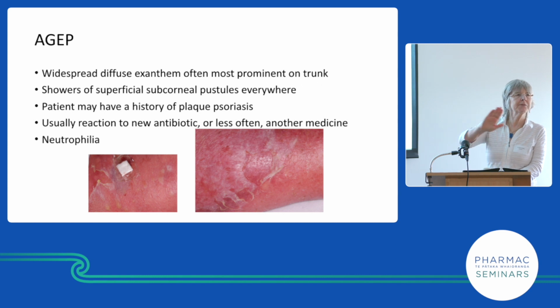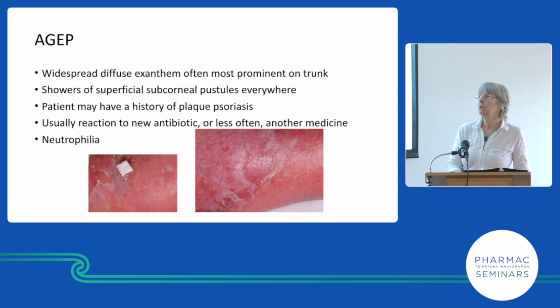So you can just wipe the skin and you wipe away the pustules, which I think you can see from this here, just minor trauma wipes the pustules away. We do generally biopsy it. If you take a blood test, they ought to have a high neutrophil count, probably a bit of a raised C-reactive protein. You stop the antibiotic and it will go away.